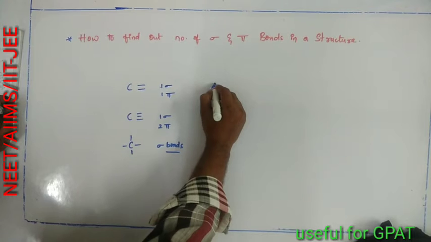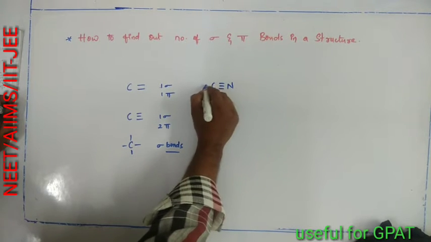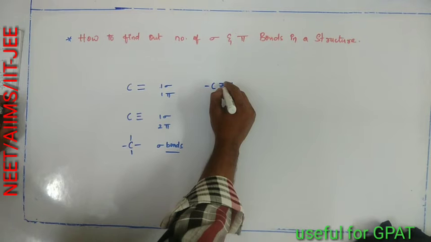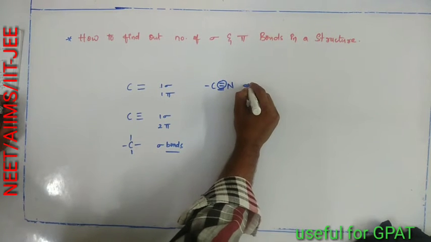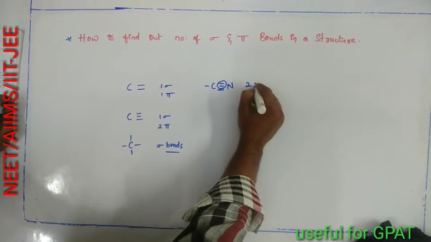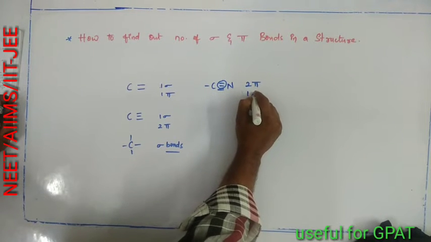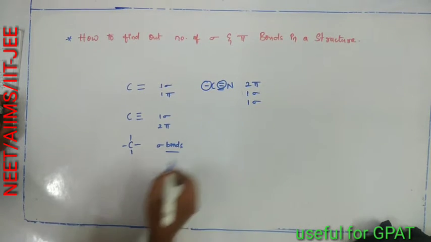Whenever carbon is linked with nitrogen, as in cyanide, here carbon has two pi bonds, one sigma bond, and then here also one more sigma bond.